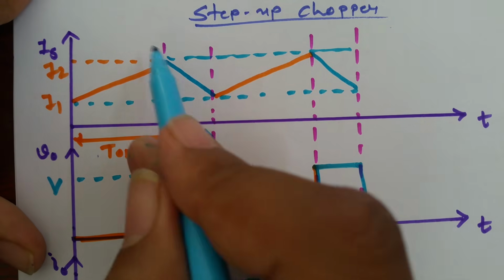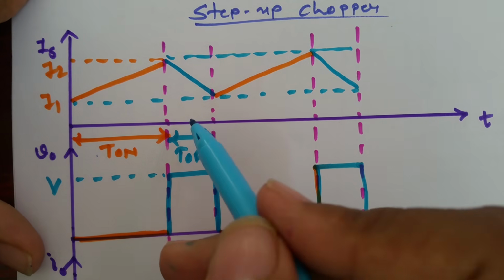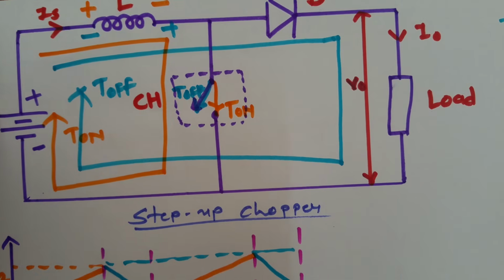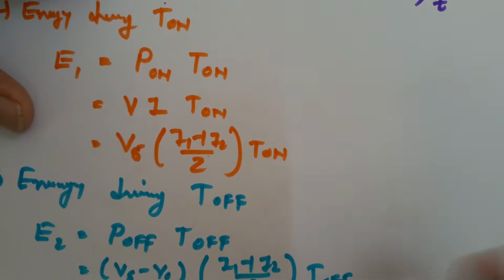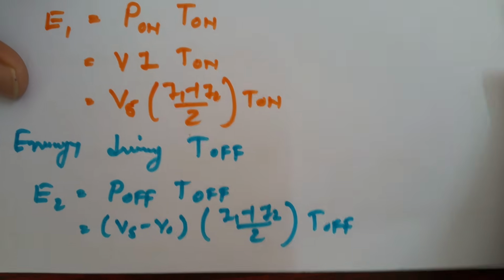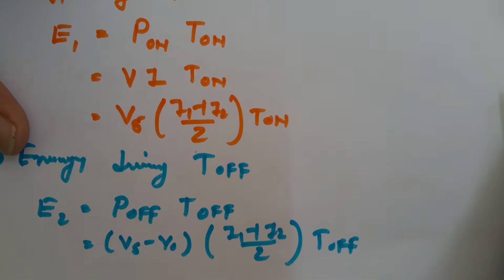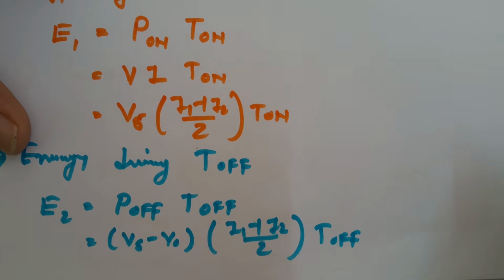So the energy during T off, E2, is equal to power into T off, where power is voltage into current, voltage is Vs minus V0, and current is (I1 plus I2) by 2.